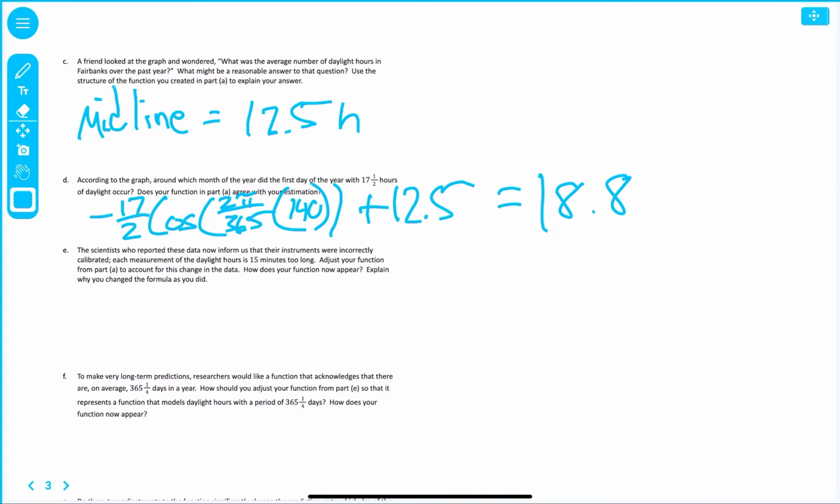Guys, if I said we measured Joshua's height and it was 15 centimeters too long, what would he do to find his height? We would subtract 15, right? So what does that mean in 15 minutes?